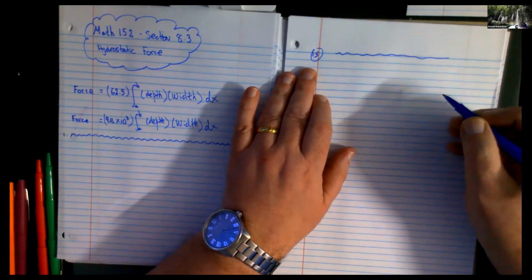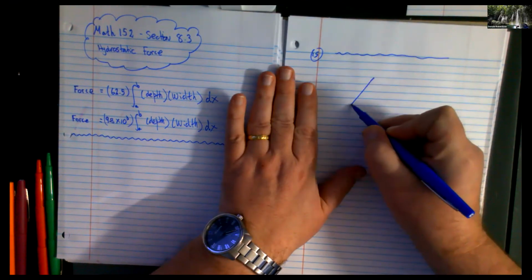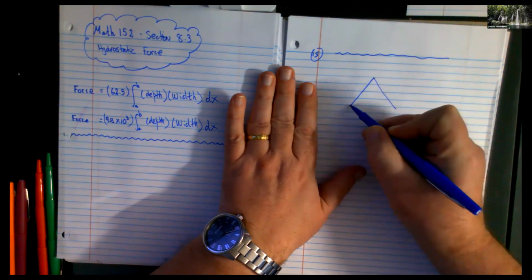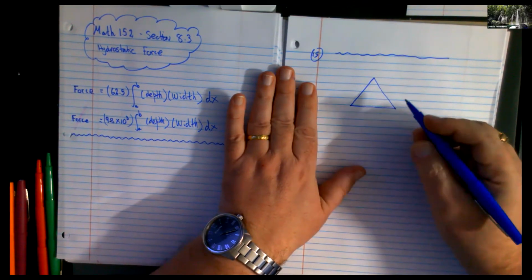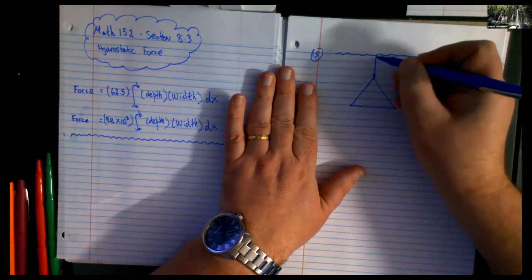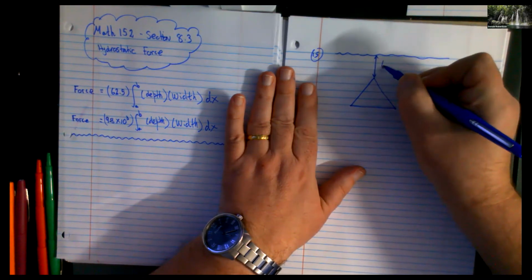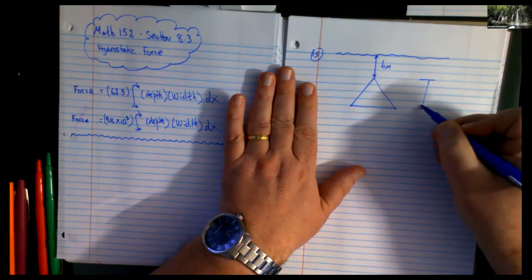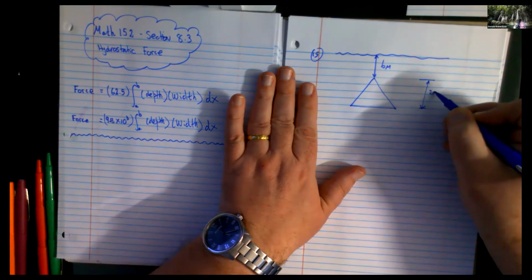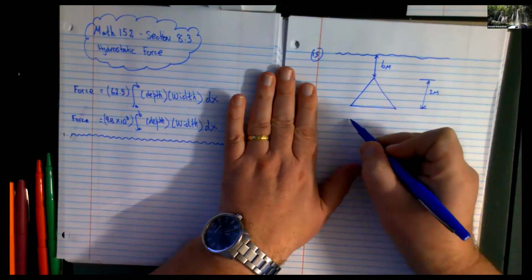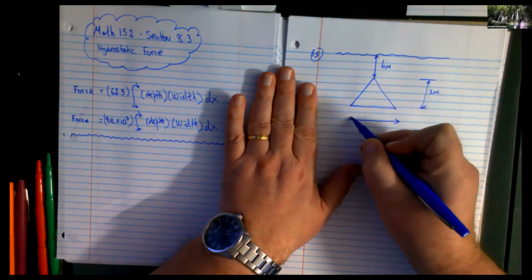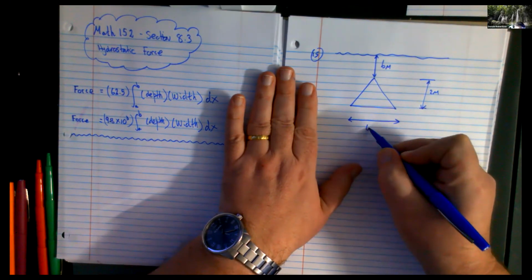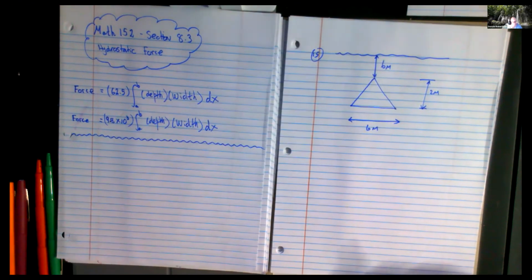Goes like that. You got a triangle, like something like this. And the distance from here to here is 6 meters. The distance, I guess you'd call it the height of this triangle, is 2 meters. That's good. And distance from here to here happens to be, in this case, coincidence, 6 meters.